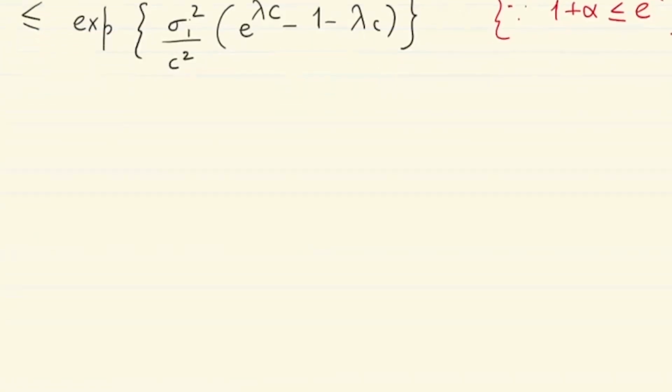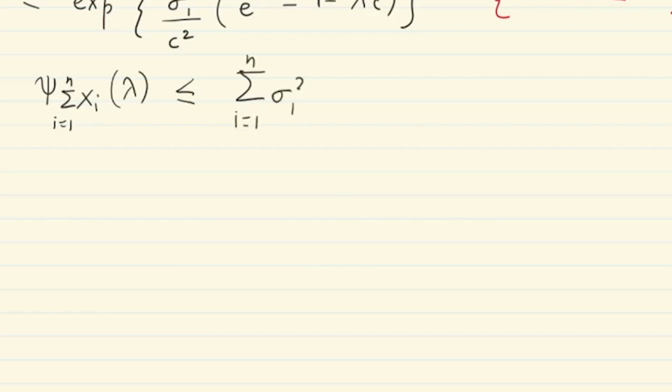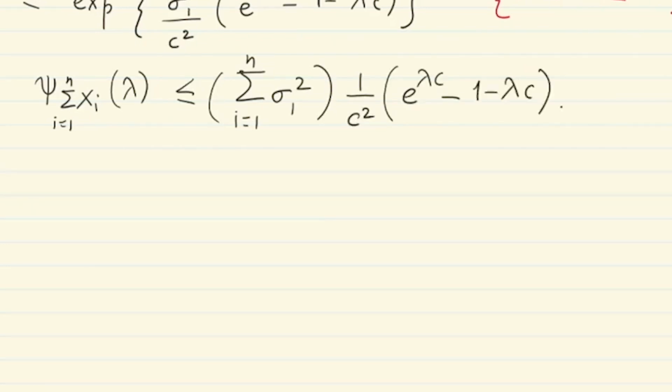So finally, we'll be able to extend this to the sum of n independent random variables to show that the cumulant generating function of the summation of xi, i equal to 1 to n, at lambda, is at most the sum over all the i's, from i equal to 1 to n, of sigma i square divided by c square, times e raised to lambda c minus 1 minus lambda c. This is just by summing this inequality above for all i equal to 1 to n.